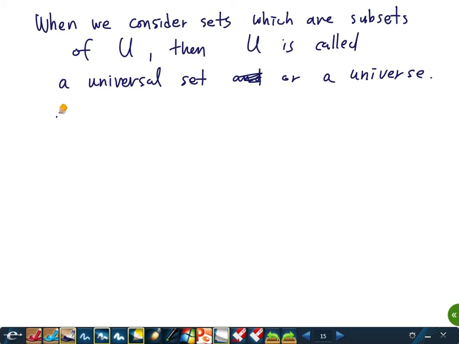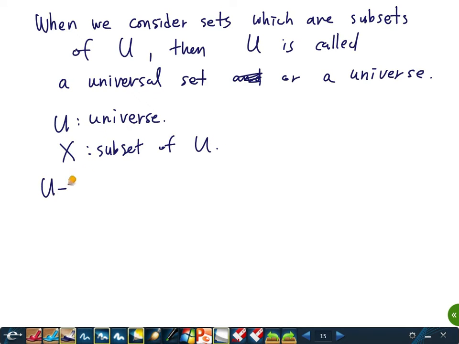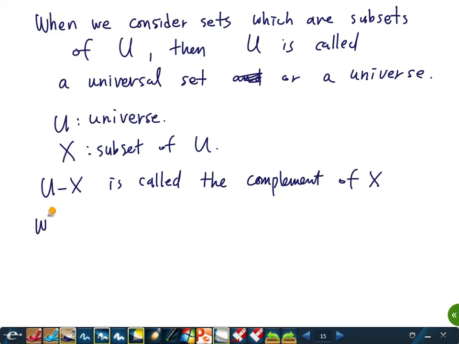And suppose that U is the universe and X is a subset. Then U minus X, we know how to subtract two sets, is called the complement of X. We also write U minus X as X^c for complement, or X bar.